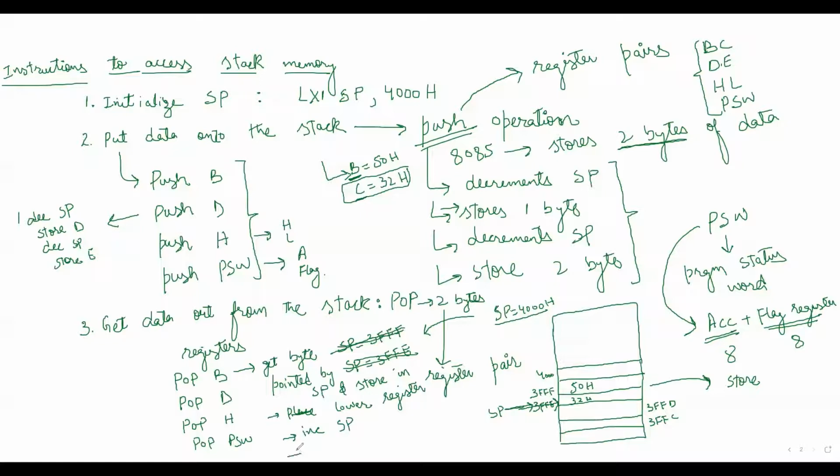Then after that, get second byte and store in higher register. And then again, increment stack pointer. Okay, so this is the pop operation.